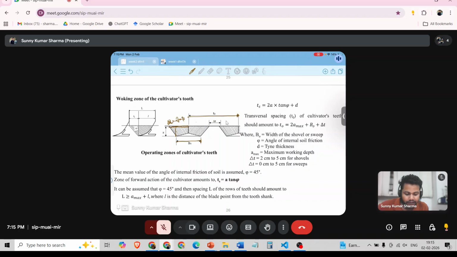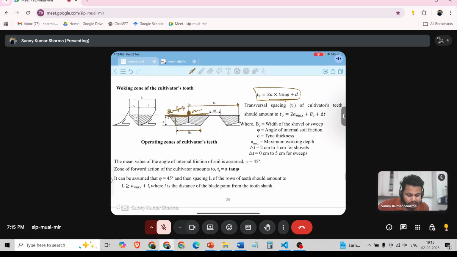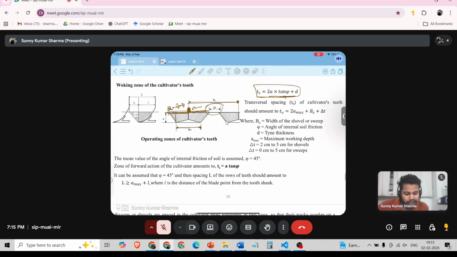So this will be 2 a max plus b naught, this whole thing, and plus d you can add the width of one tine. This will be the operating width, and this delta t we must add to get this transversal spacing t naught. So t naught will be 2a max plus b naught plus delta t.